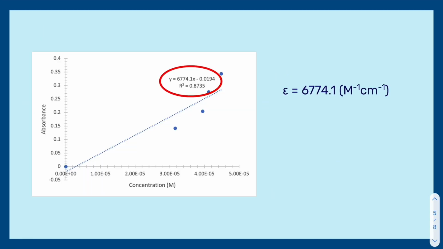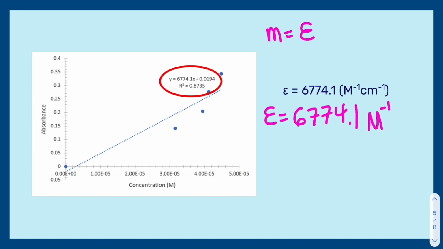Now let's go back to our original example and see if we can find our molar absorptivity from our trendline equation. If we remember that the slope is equal to epsilon, then epsilon is equal to 6,774.1, and remember the units, inverse molarity, inverse centimeters.